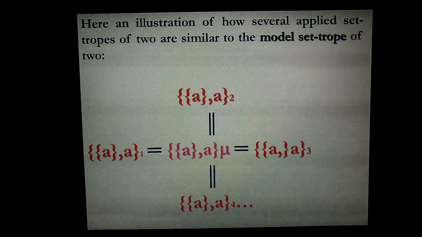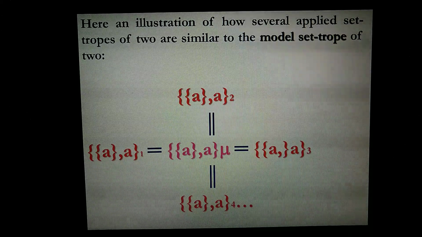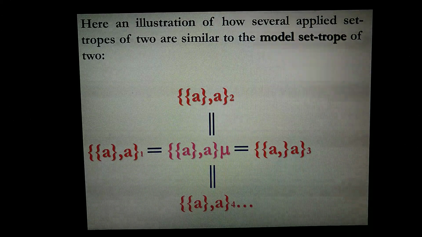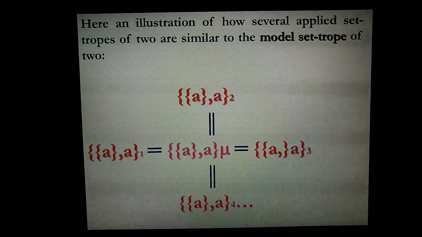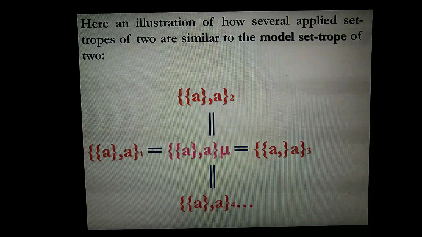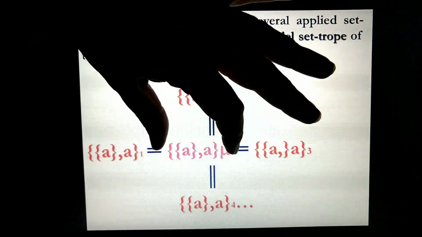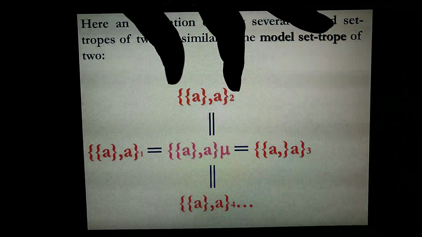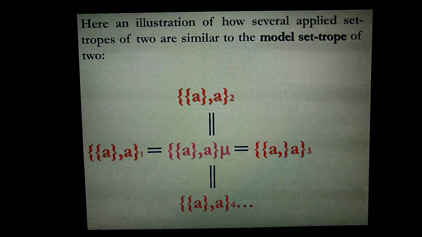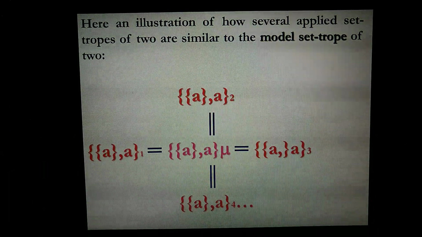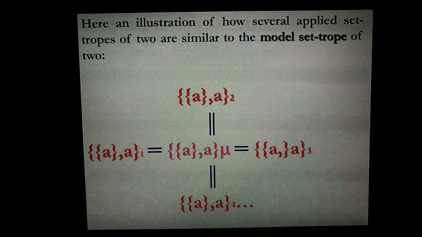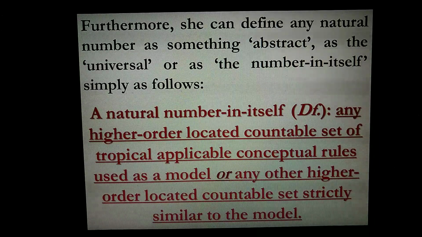Here is an illustration of how several applied set tropes of 2 are similar to the model set trope of 2. We have here the model set trope of 2, and here tropes that are similar, strictly similar, qualitatively identical.